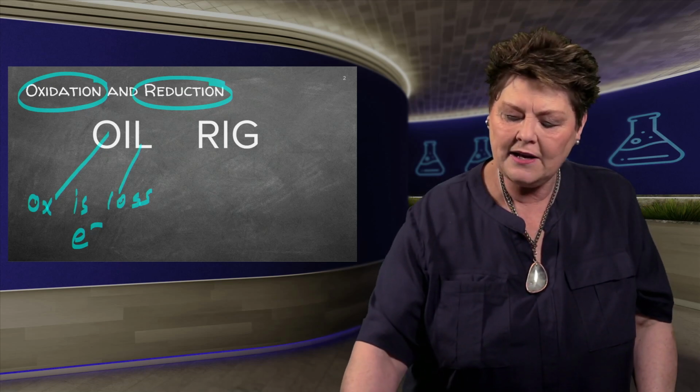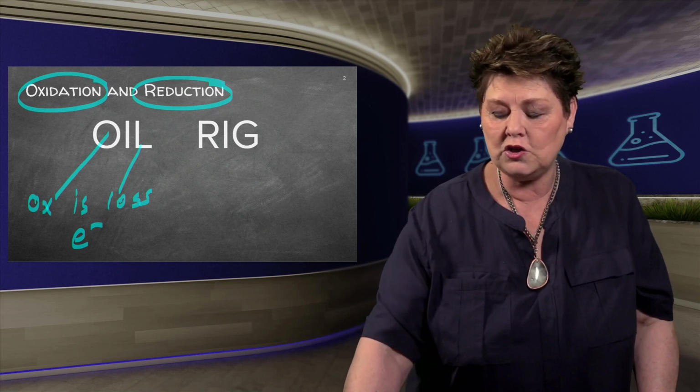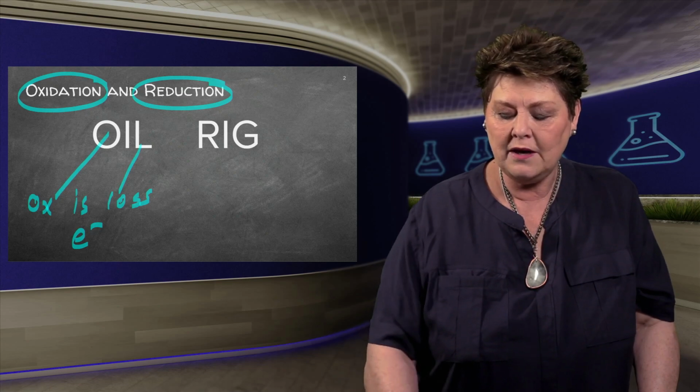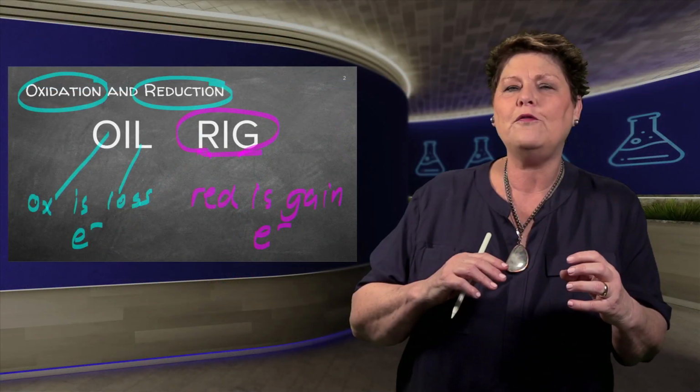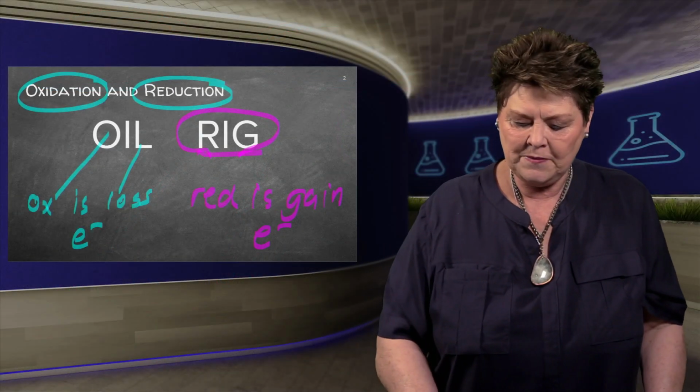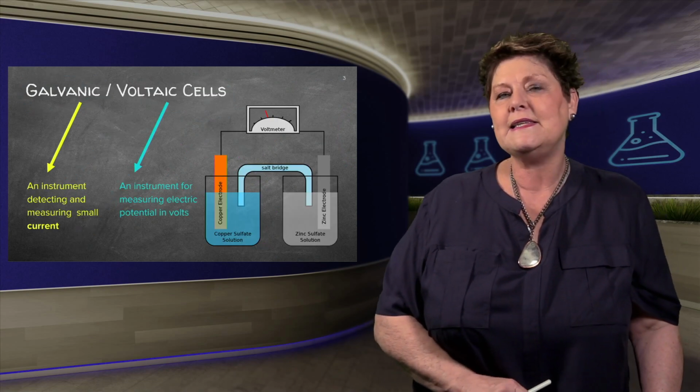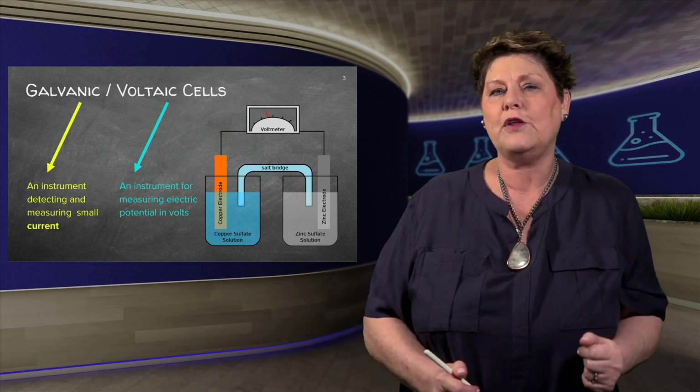On the other hand, the other half of the cell, it's got two portions, will be reduction. Reduction is the gaining of those specific electrons that were lost. So you've got reduction and oxidation taking place, one half oxidation, the other reduction. The voltaic and galvanic cells will be the application of those concepts.